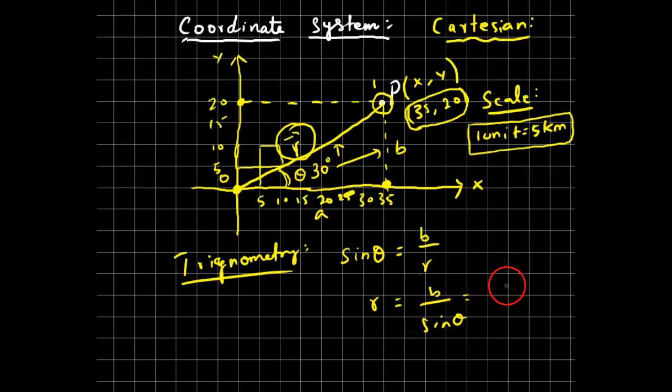What is B here? B, the length on the y-axis, the y coordinate, is 20. So 20 over sin 30. The value is 40, which means 40 kilometers from the origin to the location.